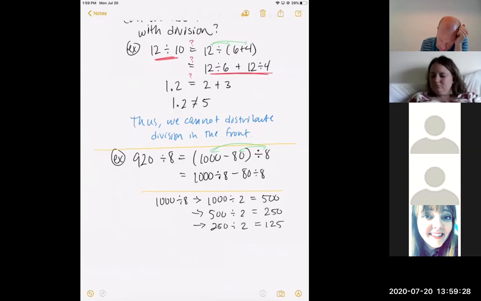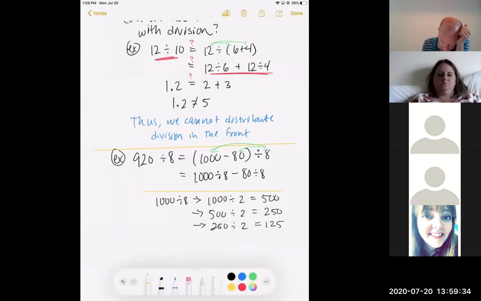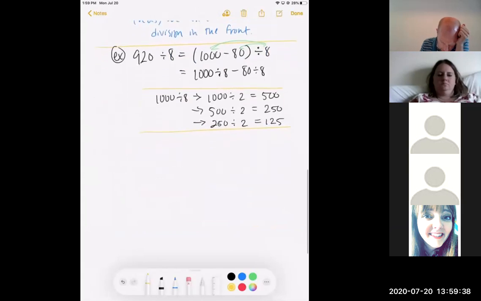Those are similar to a couple of things that we'll do in the other strategies. So we know that 1000 divided by 8 is 125. 80 divided by 8 is 10. So we got 115. Did anybody think of another way to divide 920 divided by 8?